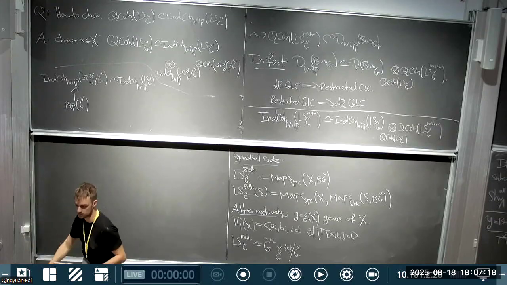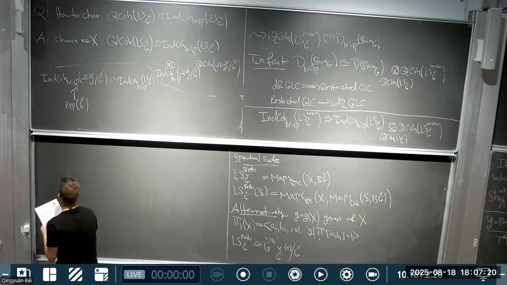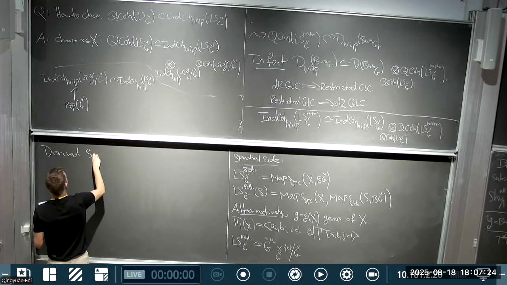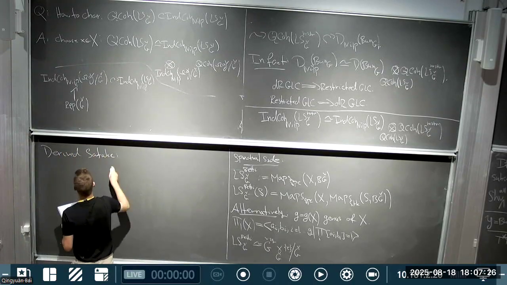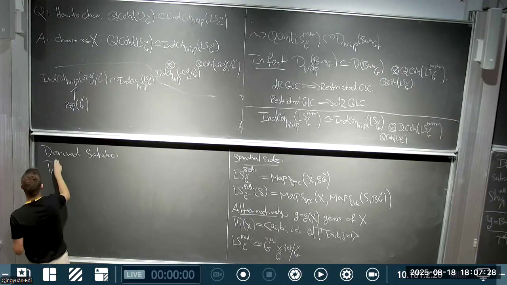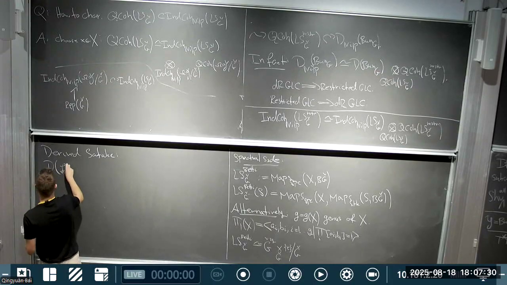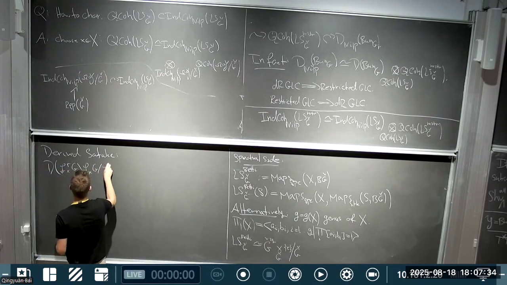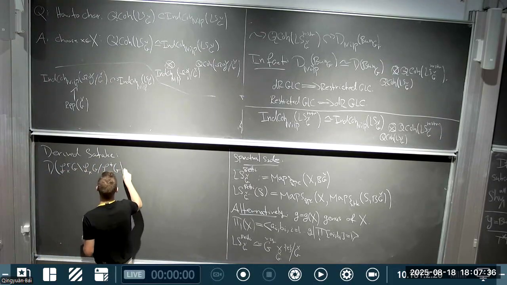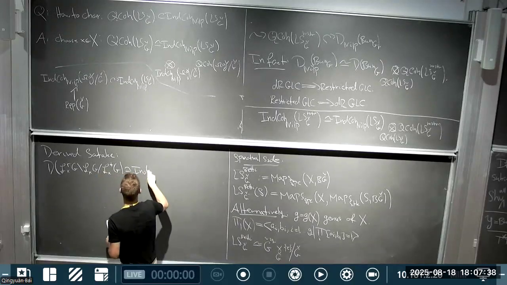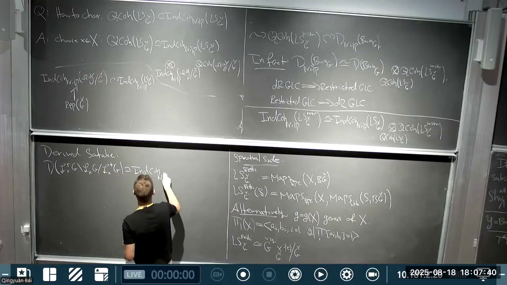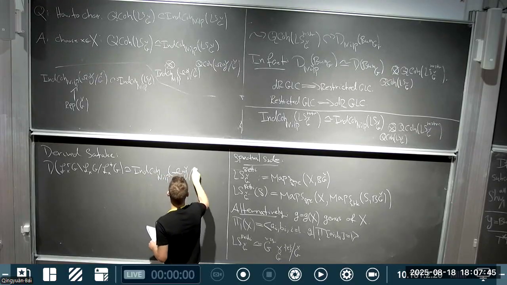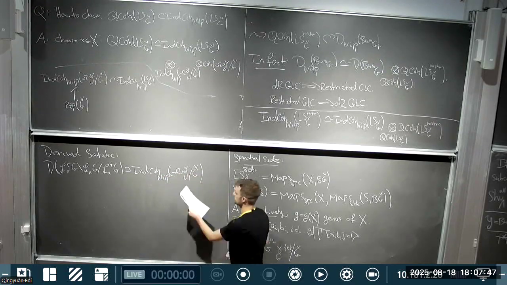Namely, we have the derived Satake equivalence. Derived Satake tells you that D-modules on this local vector stack, as you've seen several times, is equivalent to ind-coherent sheaves, maybe with nilpotent singular support, on this root stack.